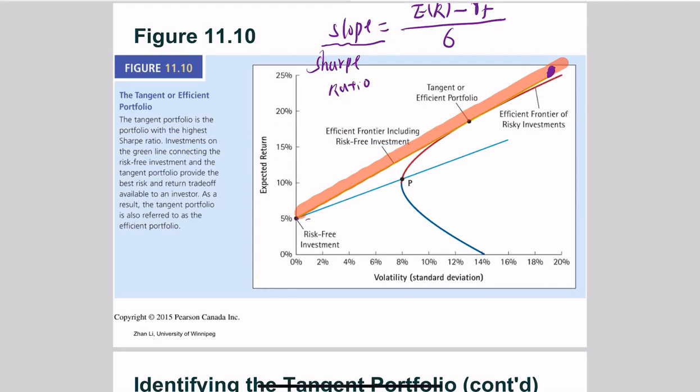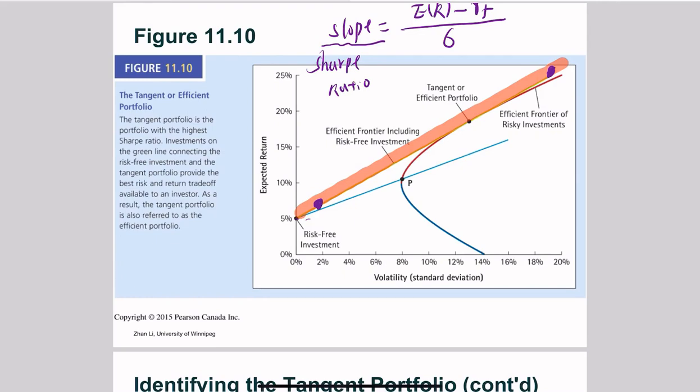And if this investor does not like risk, now this investor could be very conservative, right? Putting most of his money into this risk-free investment. So basically you can see that depending on risk preference, an investor could stay at any point on this line, right?